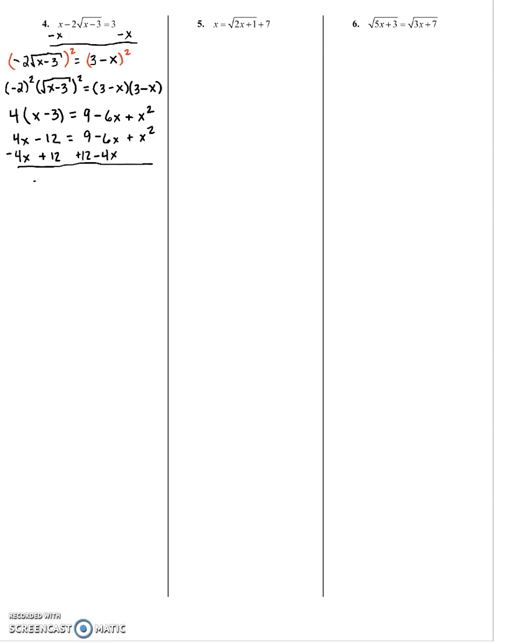And that gives us 0 equals, and I'm going to rewrite this the other way around. So we have x squared minus 10x plus 21.